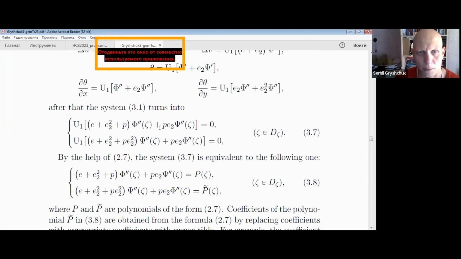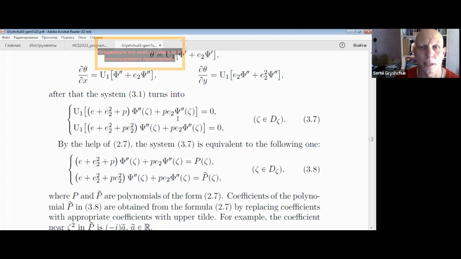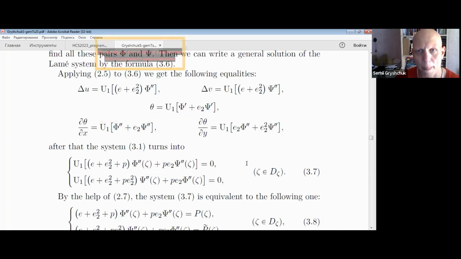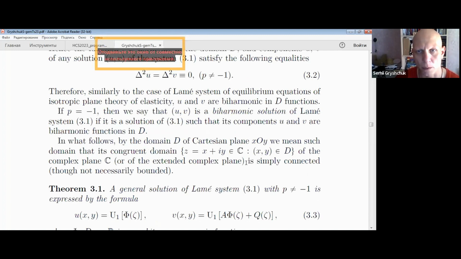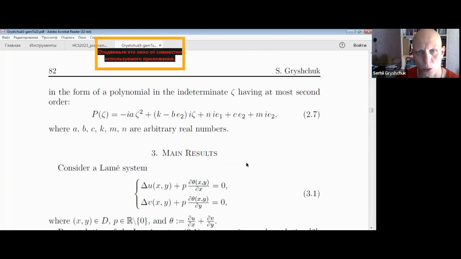At the left-hand side, we have the first component of the second derivatives of our monogenic functions. If the first component of a monogenic function equals 0, then this monogenic function equals such polynomials p, which is a polynomial of at most second order.